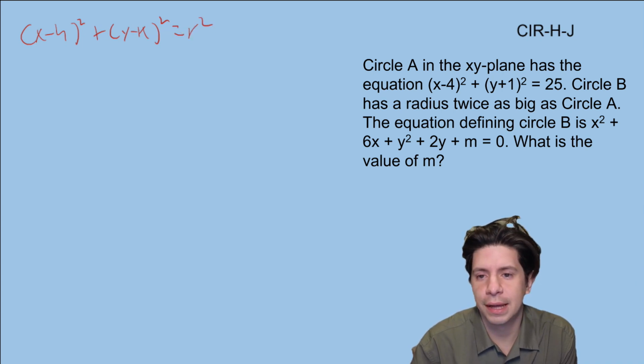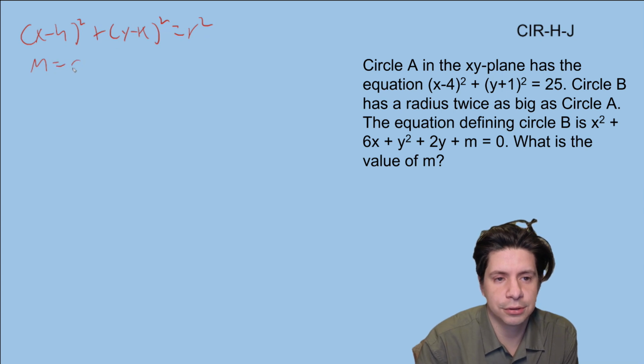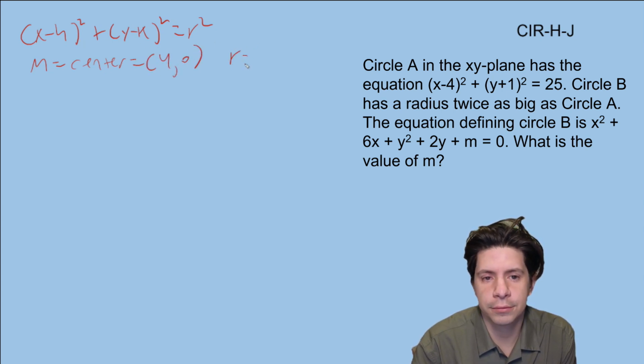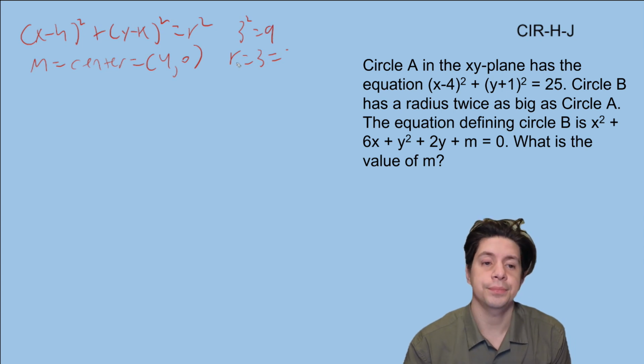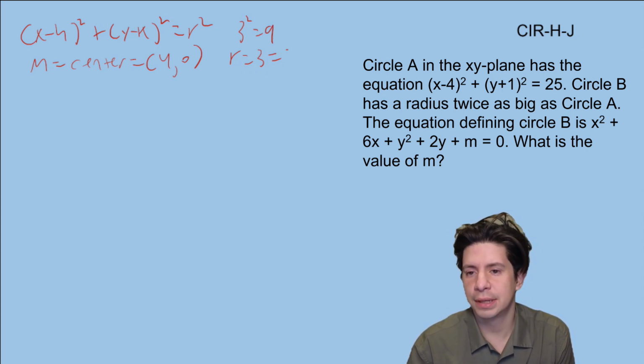So for circle M, the center is (4, 0), because it'd be x minus 4, and y minus 0. And then r equals 3, because 3 squared equals 9.